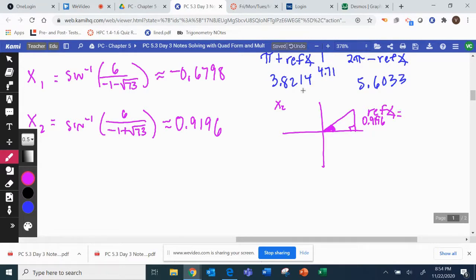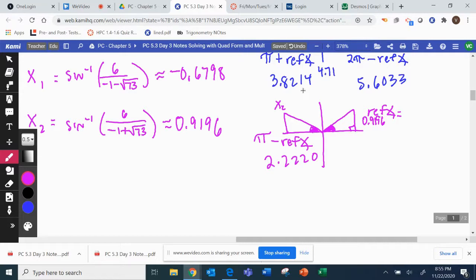So to get it in this quadrant, because that's where sine is also positive, I just have to take pi minus the reference angle. So my calculator, I'm going to do pi minus that answer that I got a while ago. So I have to go scroll up. And I got 2.2220.